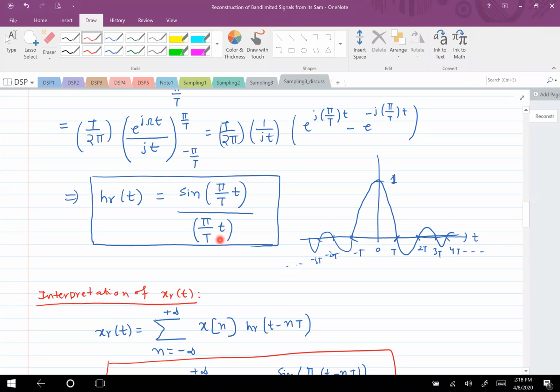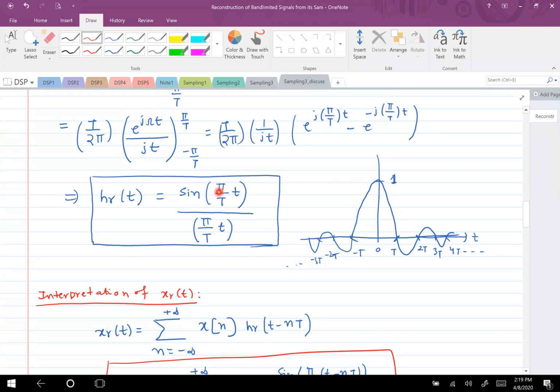This is a very nice function. If you write its value at t equal to 0, L'Hopital's rule you could apply here to figure out its value, as both numerator and denominator are 0 at that point, and with that you will get its value as 1. At all other values this denominator is non-zero, and the function will be 0 if t is any integer multiple of capital T, right, then this would be equal to pi, 2 pi, 3 pi and so on.